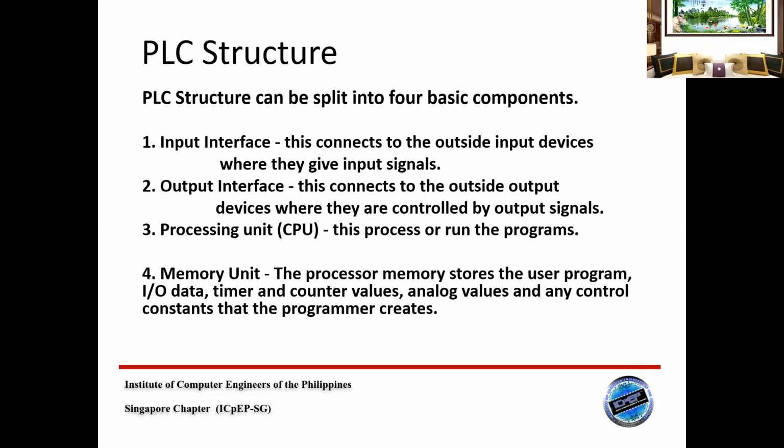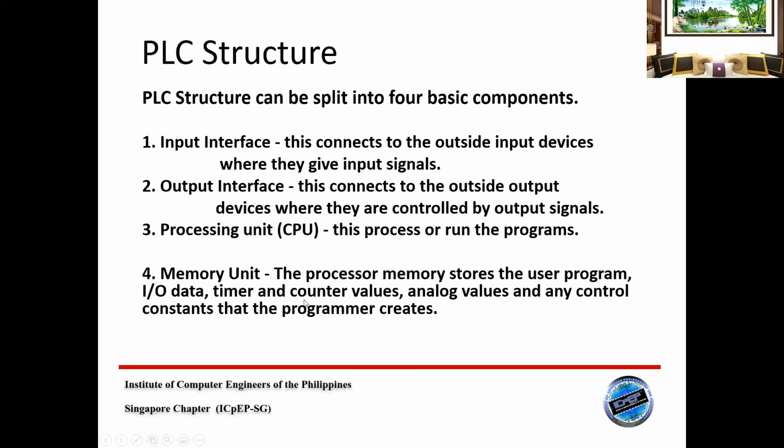The output interface connects to the outside output devices that are controlled by output signals. The processing unit runs the programs. The processor memory stores the user program, I/O data, timer and counter values, analog values, and any control constants that the programmer creates.